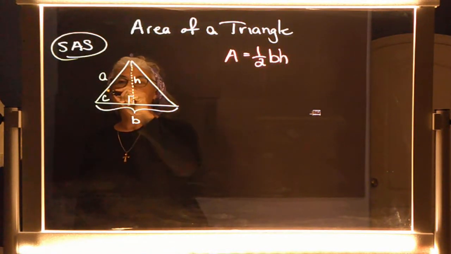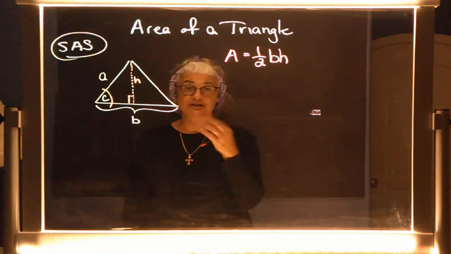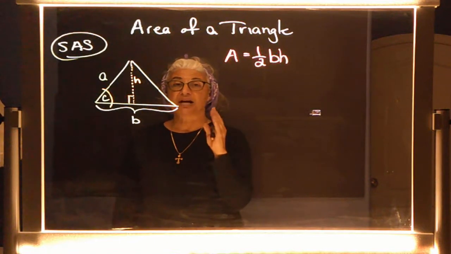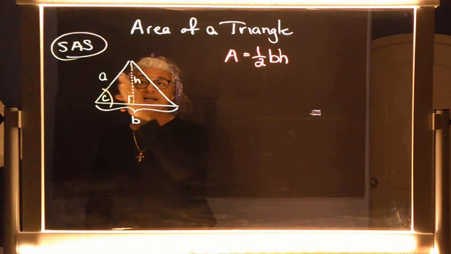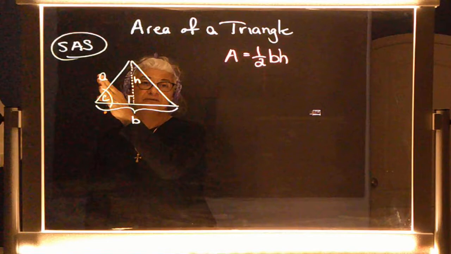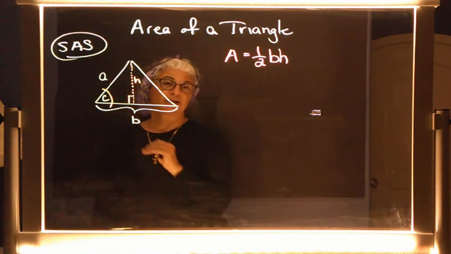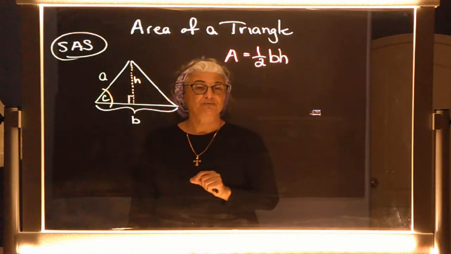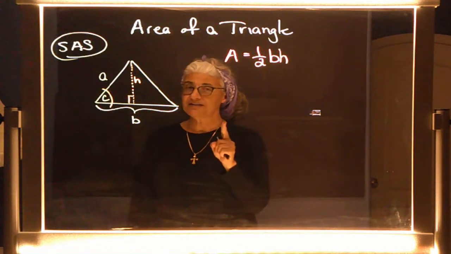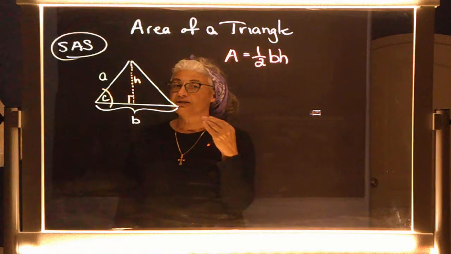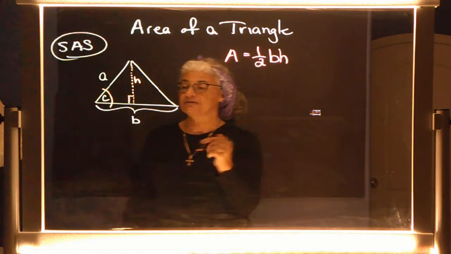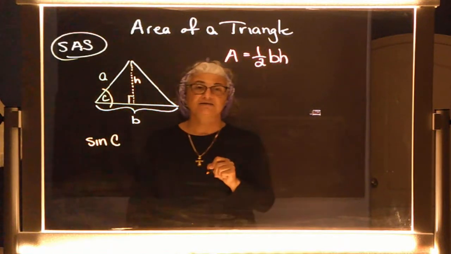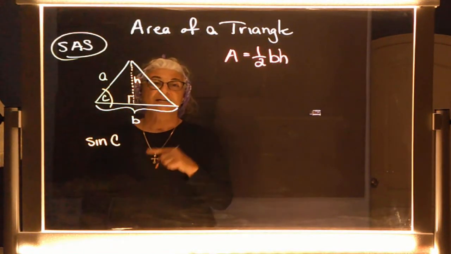If I am talking about this angle, which is angle C in this case, and the two pieces of information I know are the height and A. Well, A would be considered the hypotenuse, wouldn't it? And the height would be opposite that angle, wouldn't it? So the sine function I could actually use here would be the sine of angle C, right? That's the trig function I could use here, is sine.